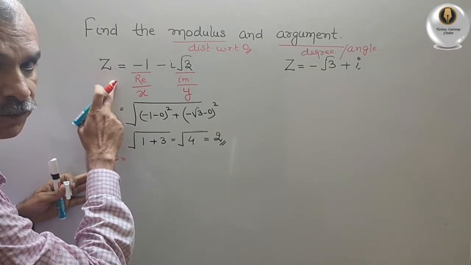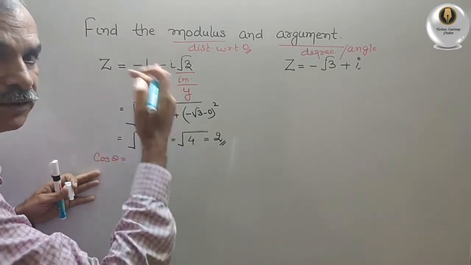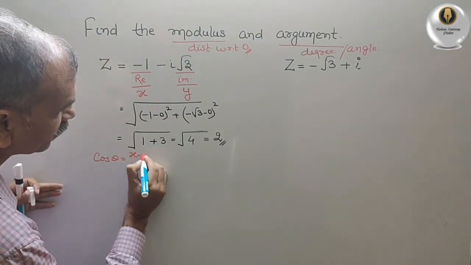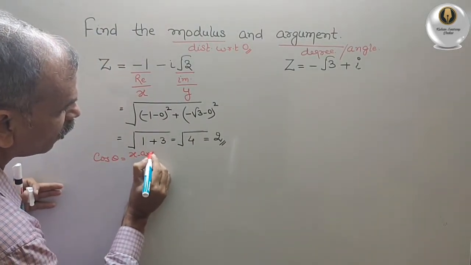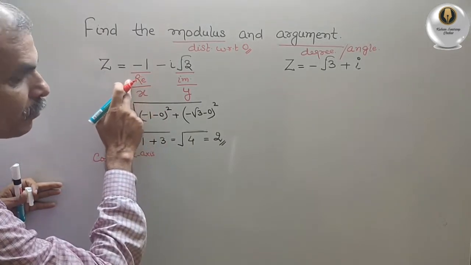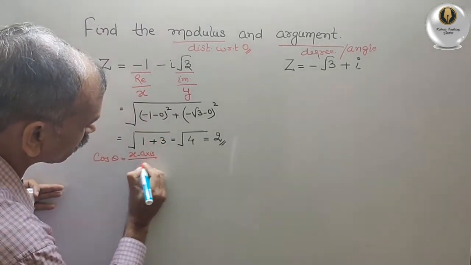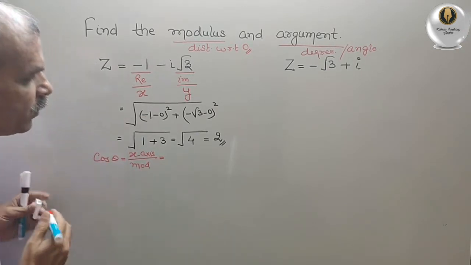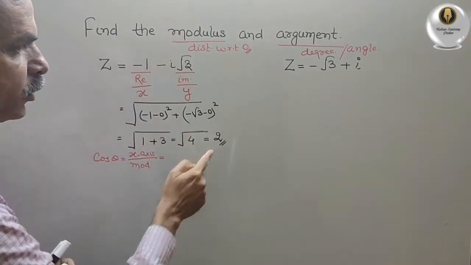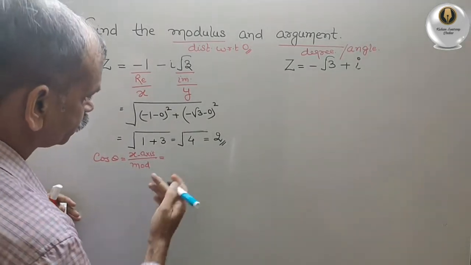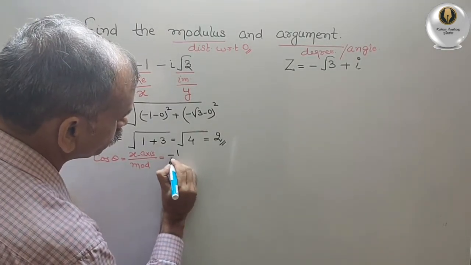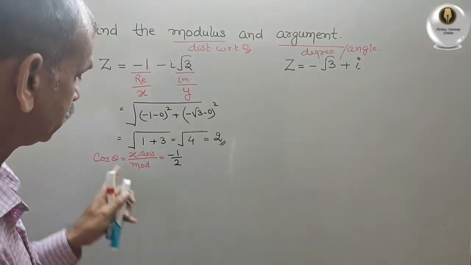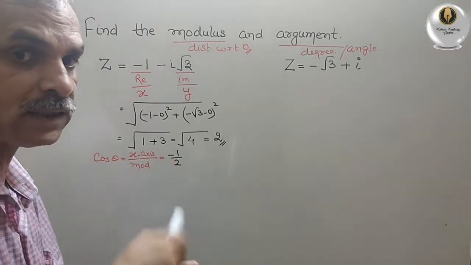The x-axis value, or you can say the real number, divided by the modulus. Therefore, you will get -1 by 2. So cos is -1 by 2. What is sine?